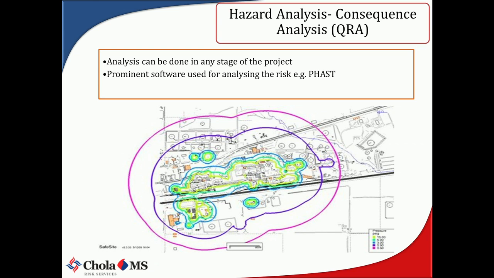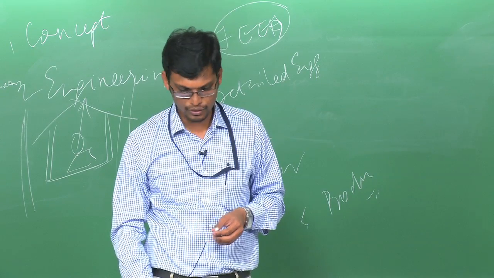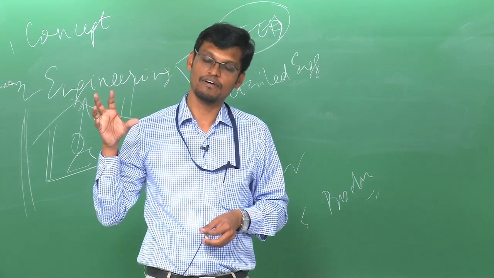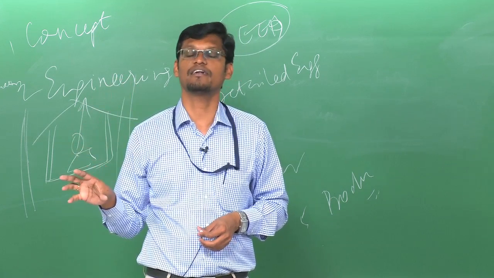For example, a chlorine tonner, which you use in water treatment plants and power plants: you have 1 ton of chlorine, and assuming the whole tonner ruptures and the entire chlorine comes out, to what distance will it spread and how will it impact people? That is what QRA is all about. I think you are going to have detailed sessions on QRA in weeks 10 to 12. It is a very interesting subject, and the outcome of a QRA study is very important for the industry.